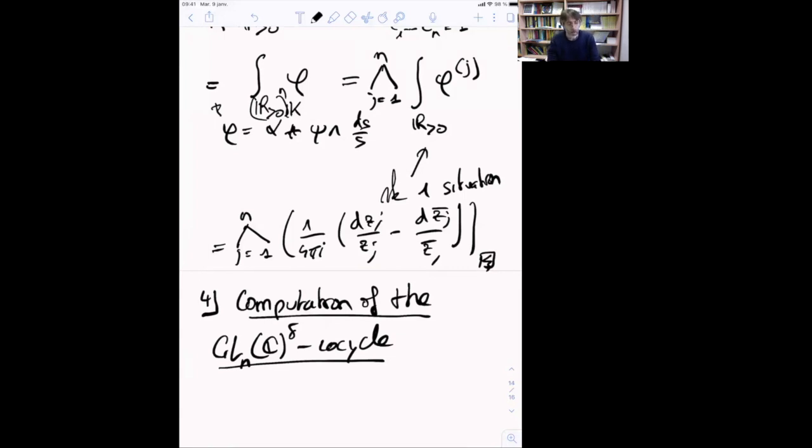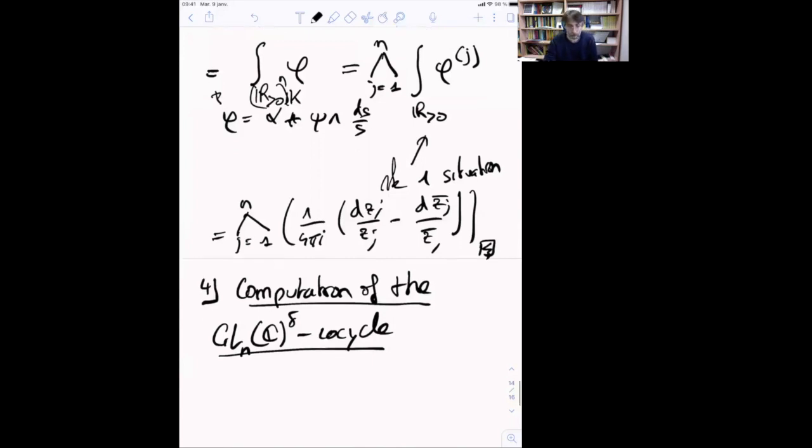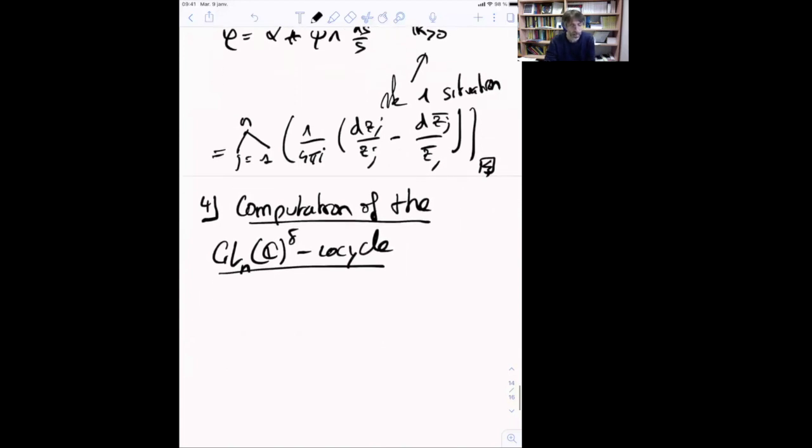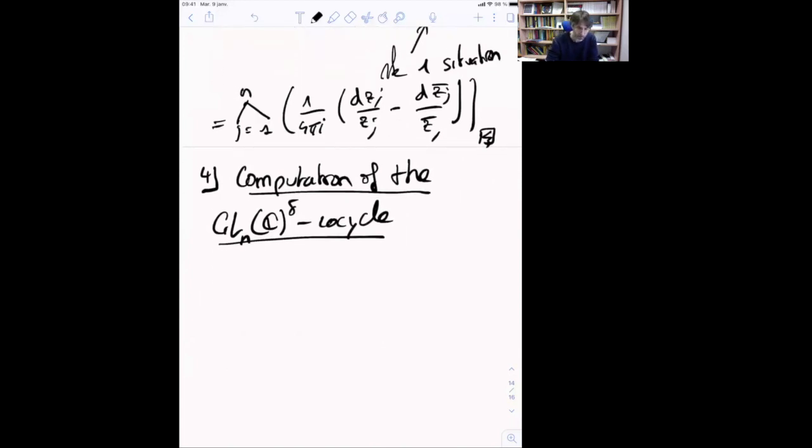But now, what I'm saying is that if we are away from some hyperplanes, precisely what I will do is restrict to U prime. Remember the notation.